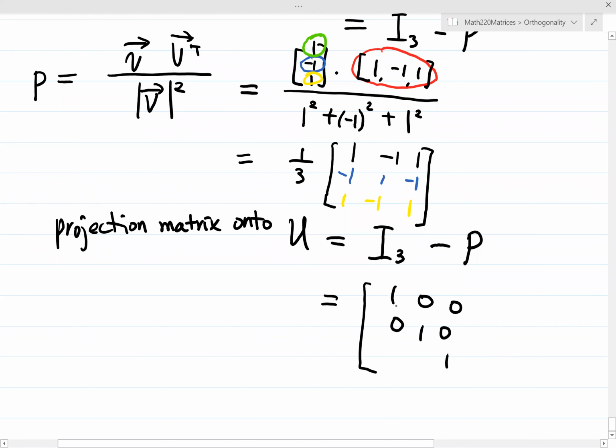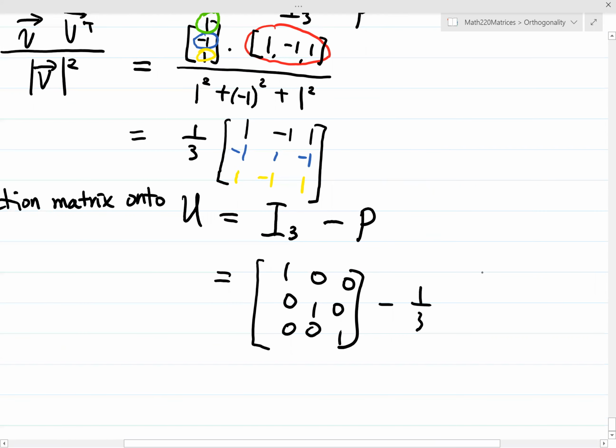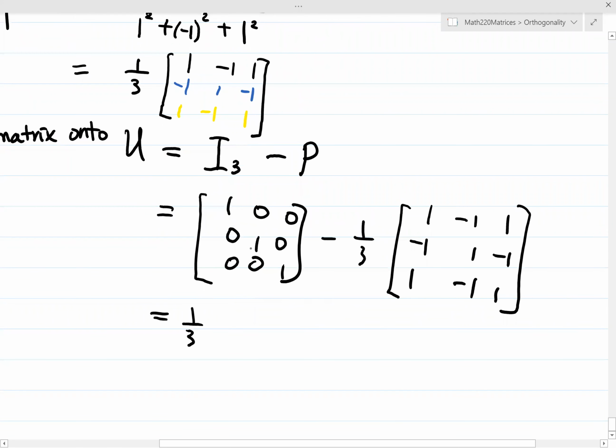Subtract 1/3, you copy that thing again. So the diagonal, don't forget the 1/3. If you multiply 1/3, the diagonal of the identity will be 3, 3, 3. Subtract the diagonal of the other matrix, so 3, 3, 3 minus 1, so you get 2, 2, 2. And then all the others you can easily find.